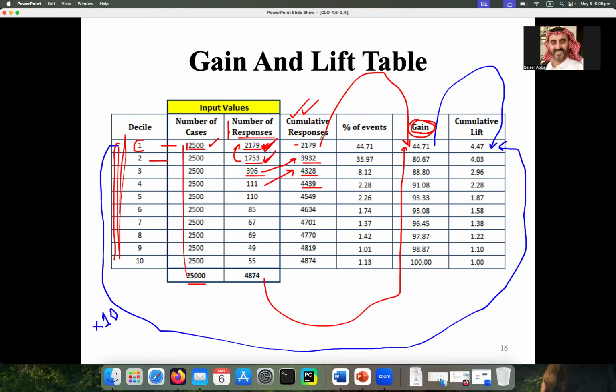So you are using this value divided by this value, multiplied by 100. And you have this value, 44.71. This is okay.